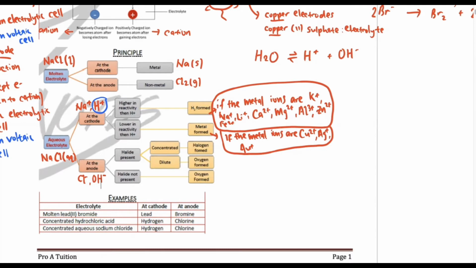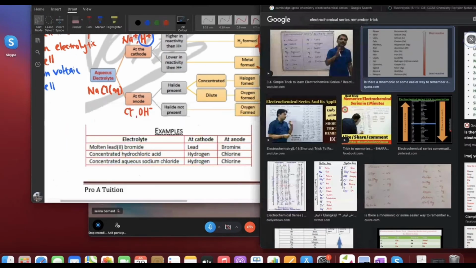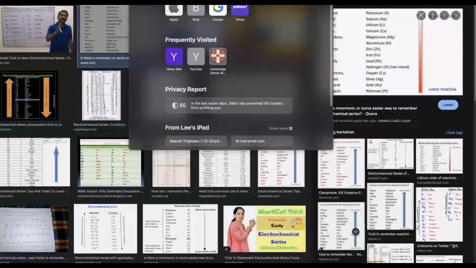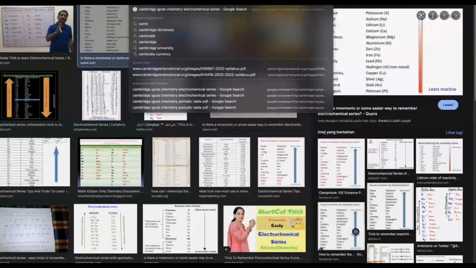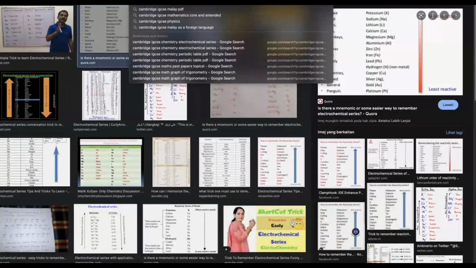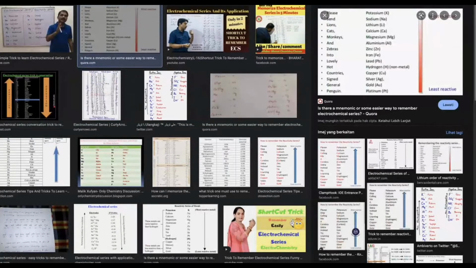Now let's take a quick look. What series are we going to use? We look at the website again. Cambridge IGCSE Chemistry, electrochemical series of anions.